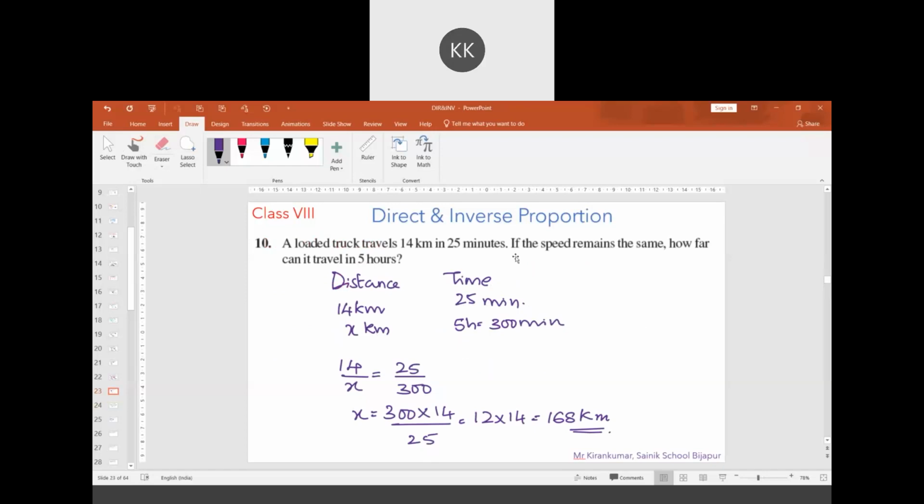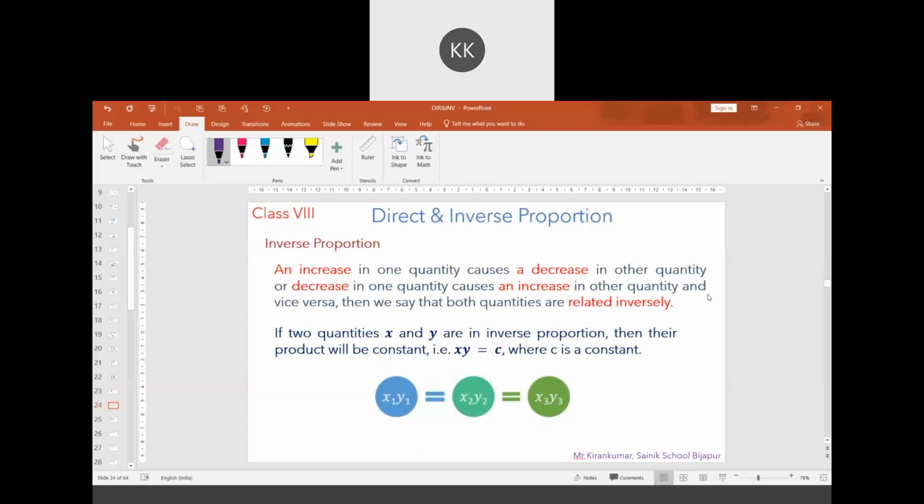These are the questions which are related to direct proportion. Now we shall discuss something related to inverse proportion. Look at the statement here. An increase in one quantity causes a decrease in another quantity, or a decrease in one quantity causes an increase in another quantity, and vice versa.